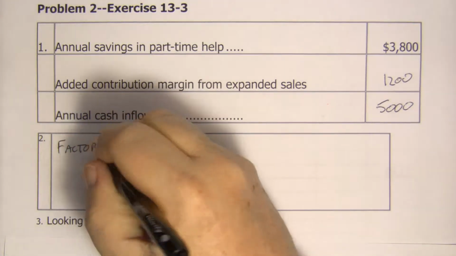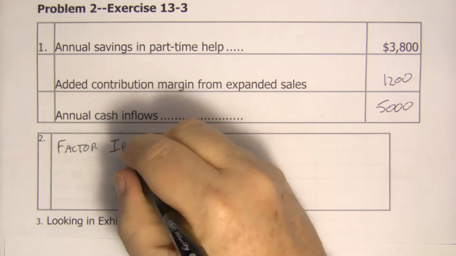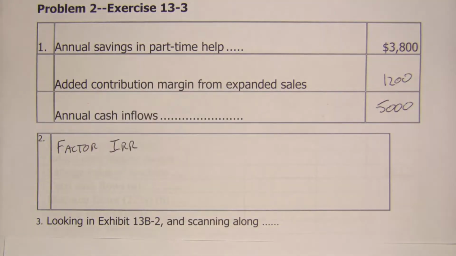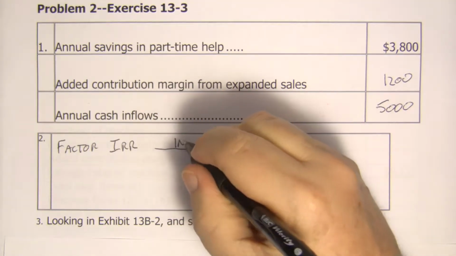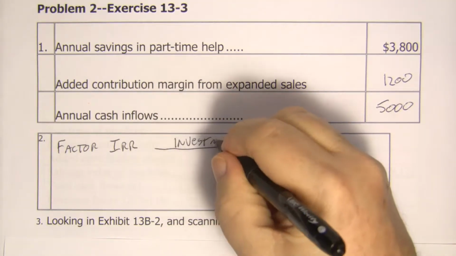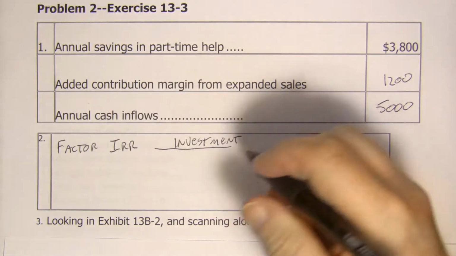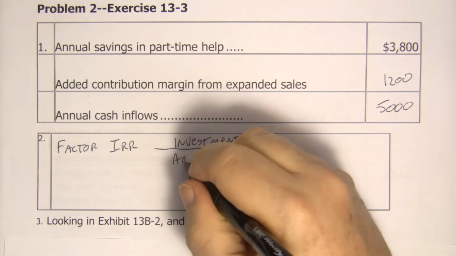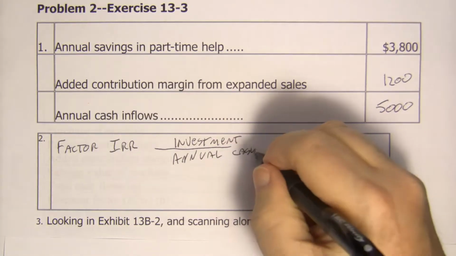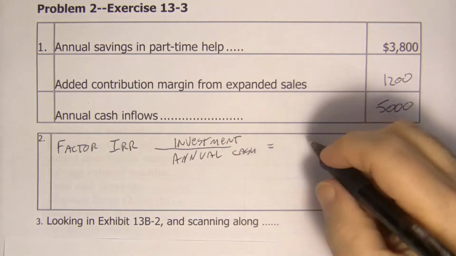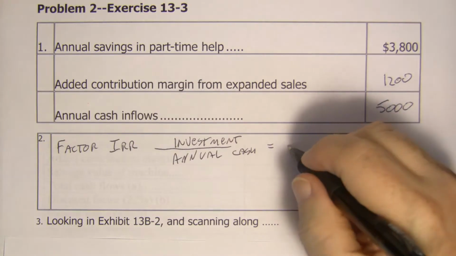Now remember, when you're doing the internal rate of return by hand, you look at the investment and divide by the annual cash inflows, and that gives you a factor, a number.